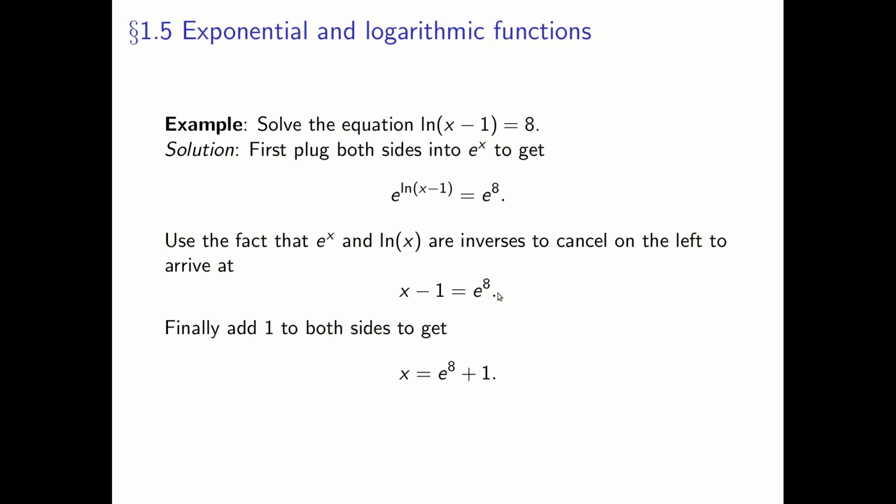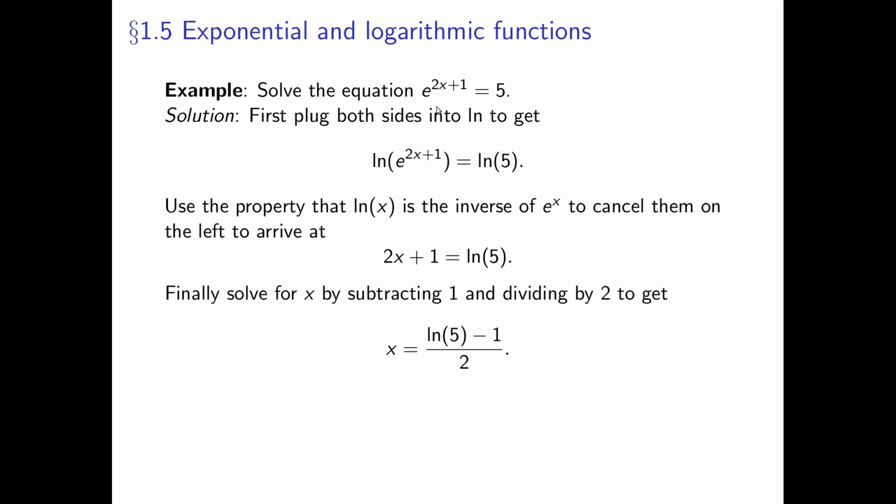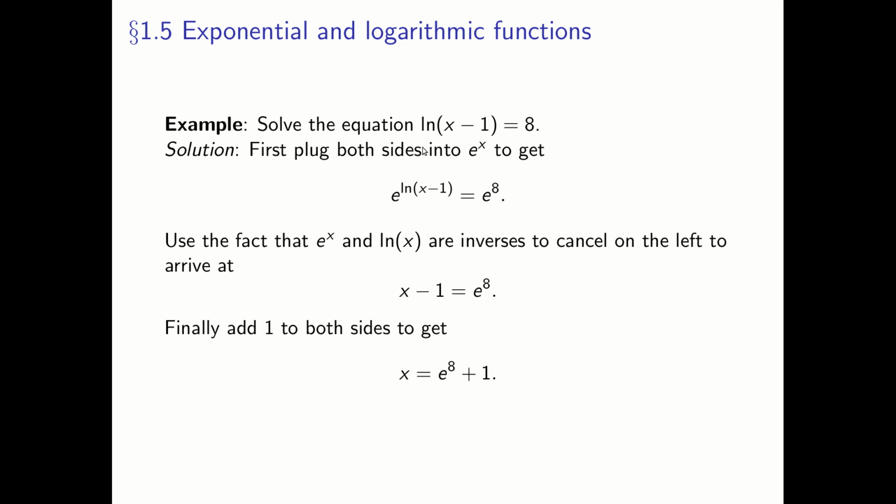Now I can solve equations that involve ln by a similar technique. So if I want to solve this equation, what do I do? Well, I use the other property of inverses. So earlier, we plugged both sides into ln because I wanted ln next to e so that they annihilate. Well, I want to do the same thing here, but I already have the ln, so what I must do is plug it into e to the x.